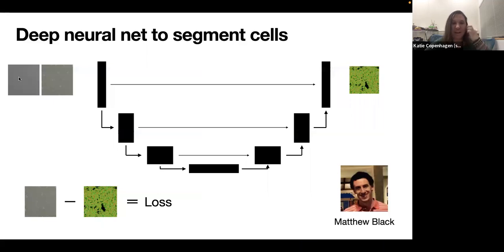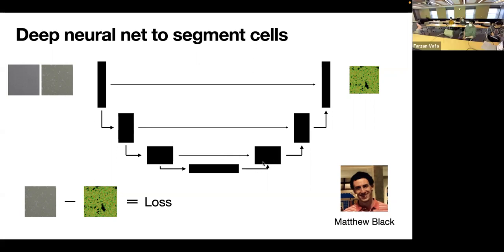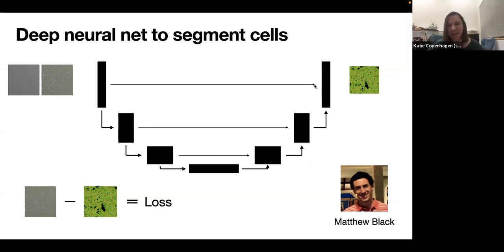Then we feed these pairs of images into a U-net. It's called a U-net because it looks like a U. Basically you take your raw image of your cells, and then you downsample it and apply some filters. You do this a couple times in however many layers you want to use. We did 3 layers, so it looks like this. After that, you can upsample until you get back up to your original image, through all your layers, and you get some predicted masks.